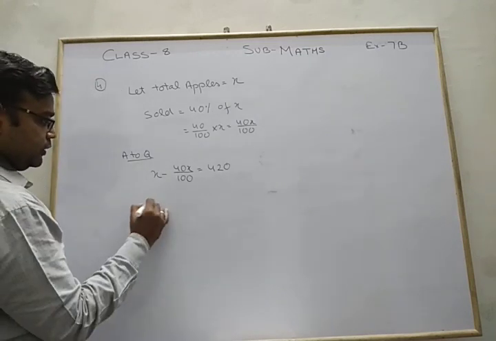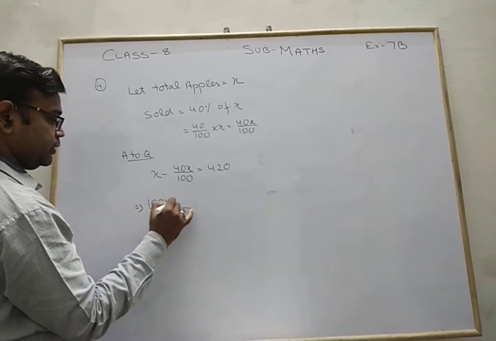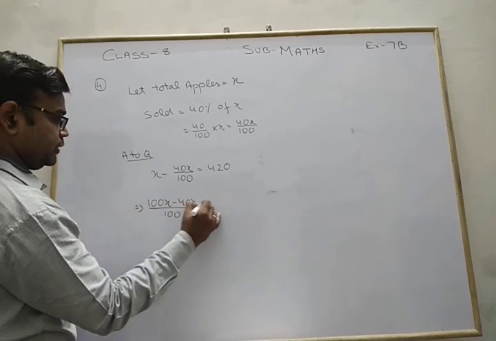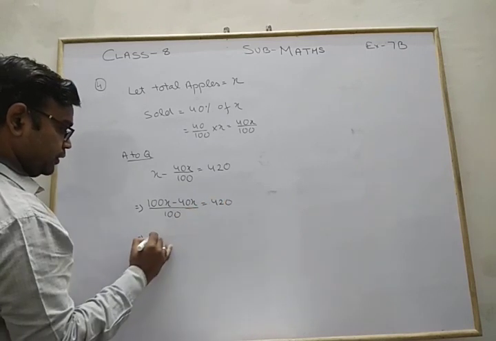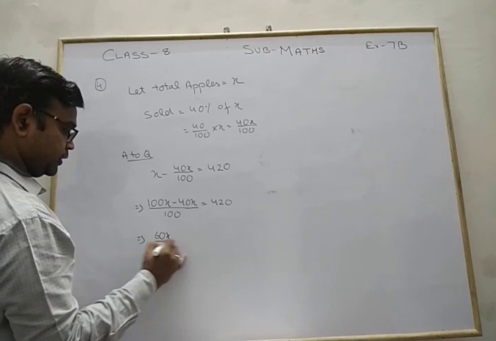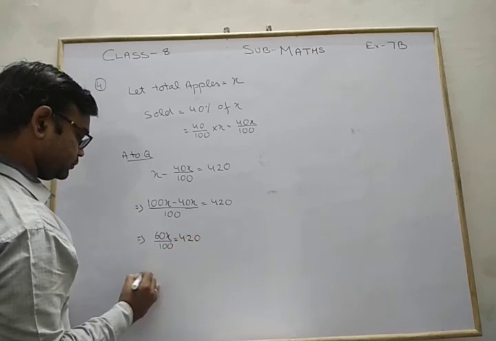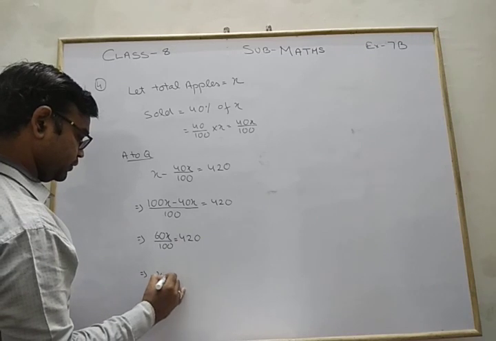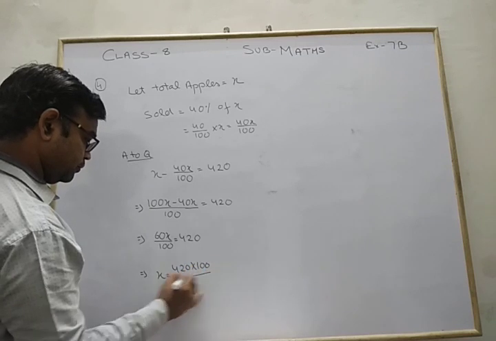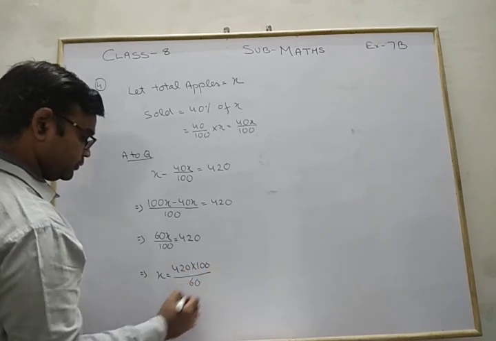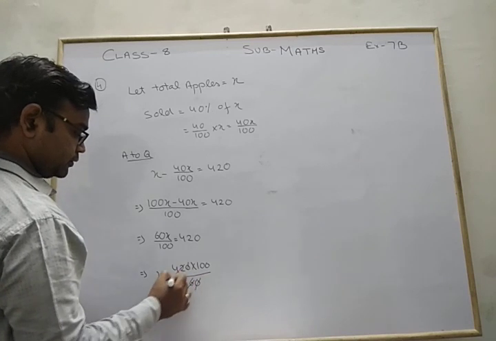Solve it. It is 100x minus 40x upon 100 equals 420. It is 60x upon 100 equals 420. x equals 420 into 100 by 60. 0 cancels, 6.